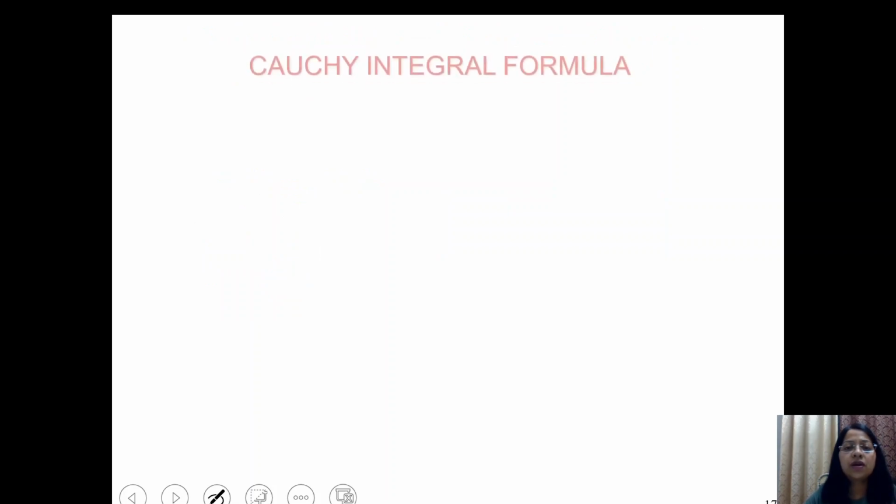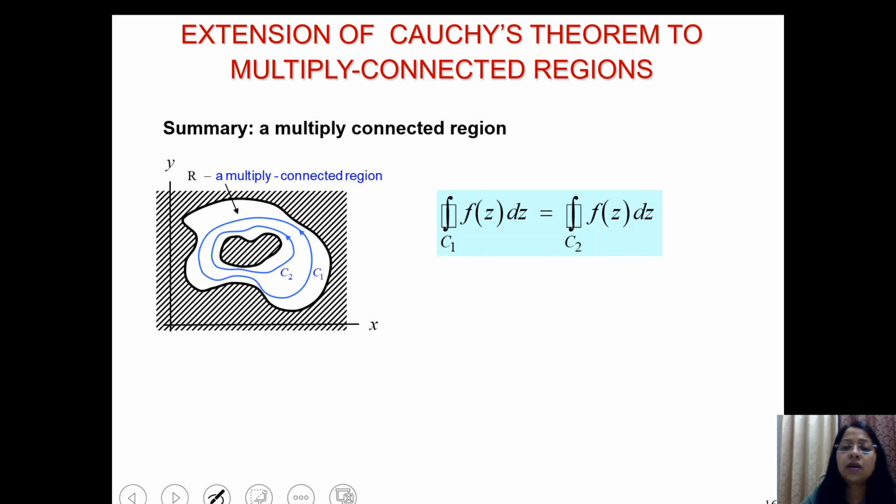So here two curves C1 and C2 were taken, and these integrals were equal to each other.